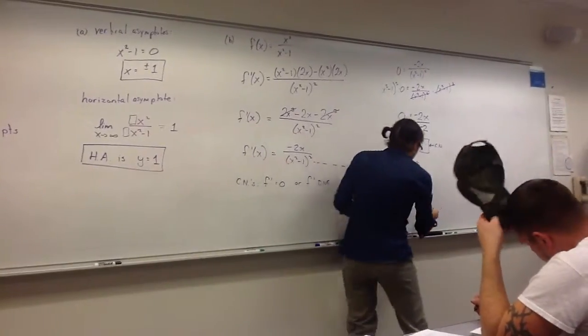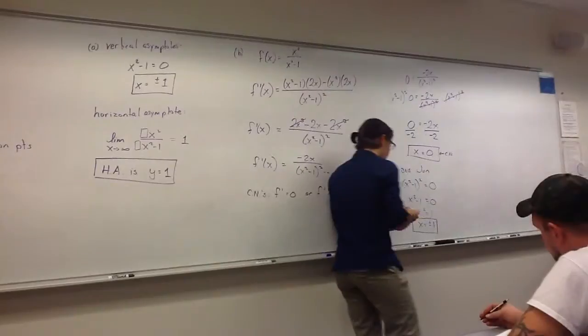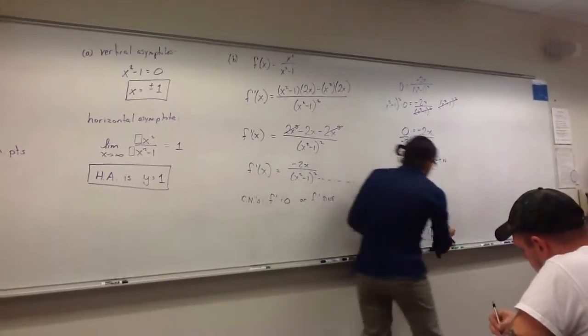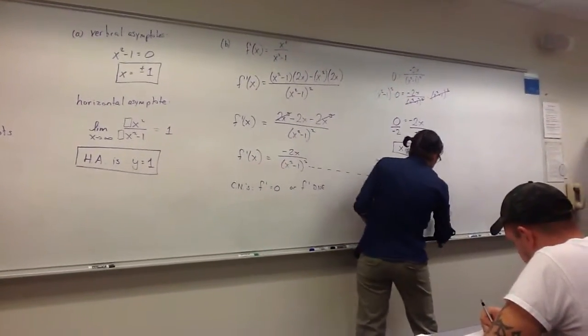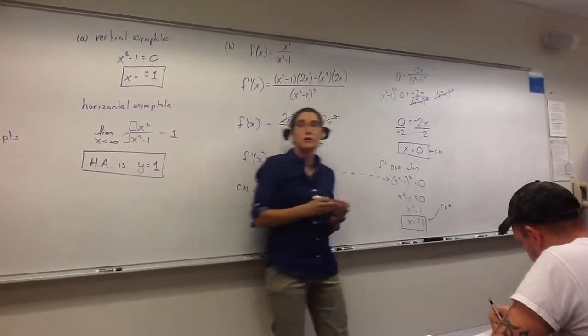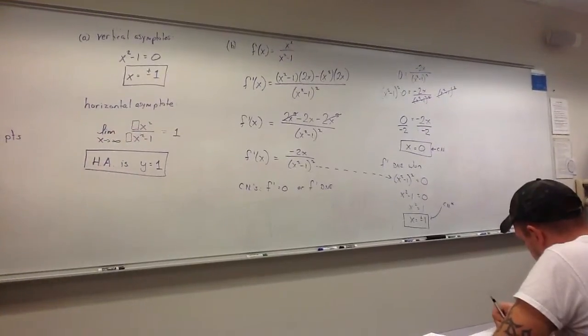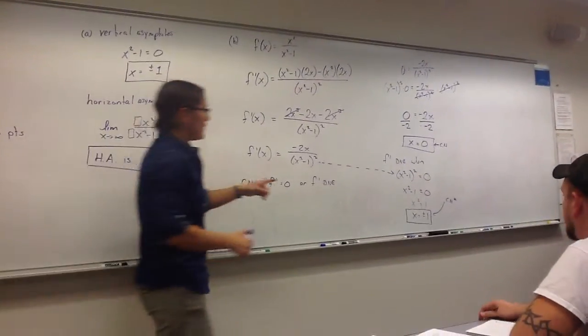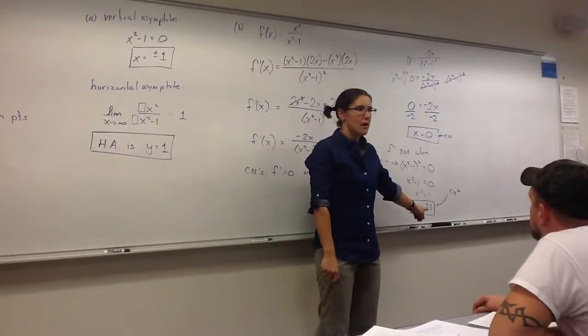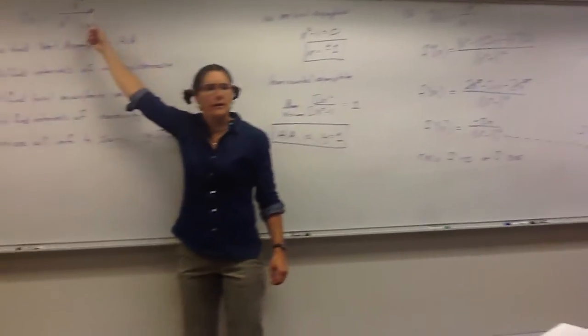Okay, so I now have 3 values which are considered critical numbers. Now, these two numbers down here, the x equals plus or minus 1, I'm going to put a little asterisk on those two critical numbers. The reason that I'm going to put an asterisk on those two critical numbers is that these two critical numbers are not actually x values in the domain of our original function.